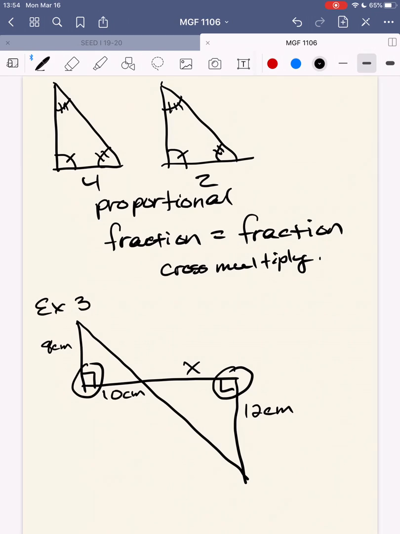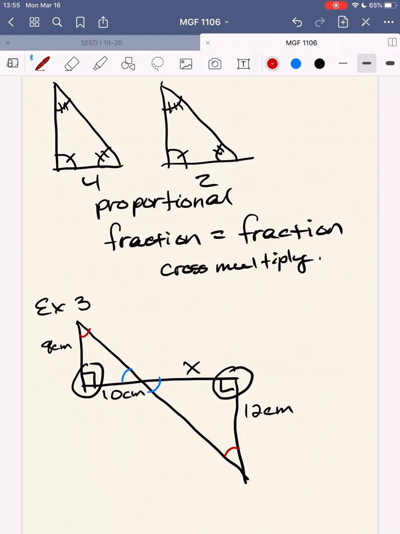We also know that because of this, these other angles must be the same here, which means those angles are the same here, which means these are proportional.